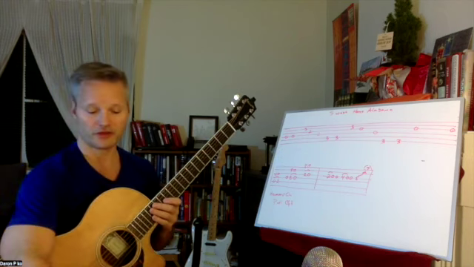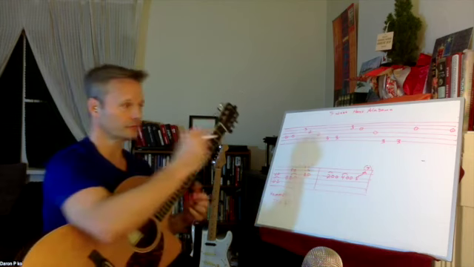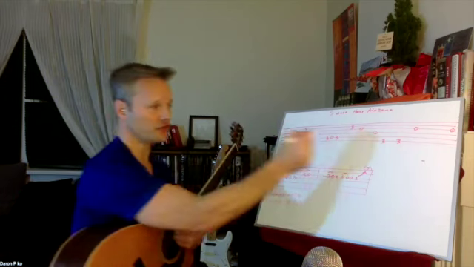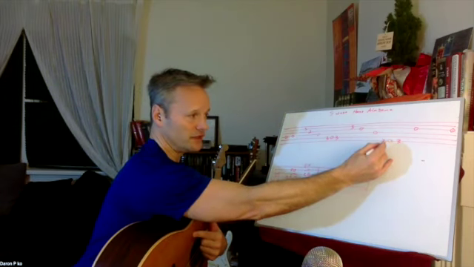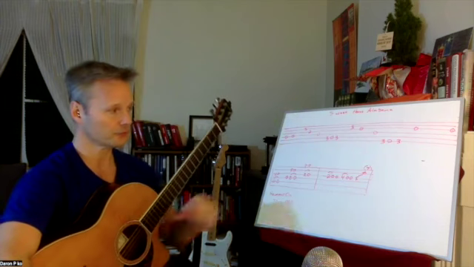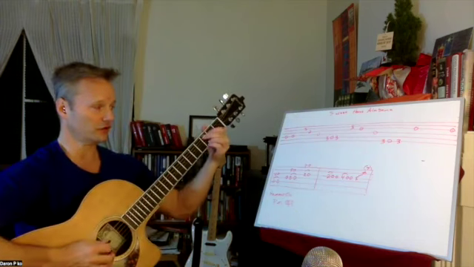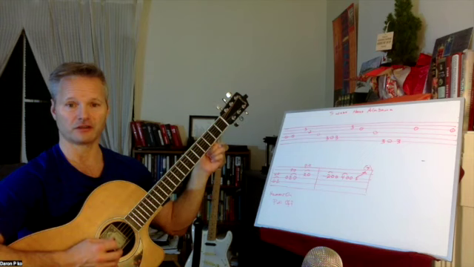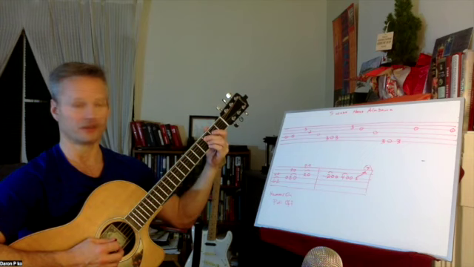Now, one more thing. Between these C's, we remove that finger and hit the open A string. Between the G's, we remove the 3rd finger and hit the open E string in between. So these notes are 3rd fret, 5th string, 3, then open 5th string, then 3 on the 5th string.